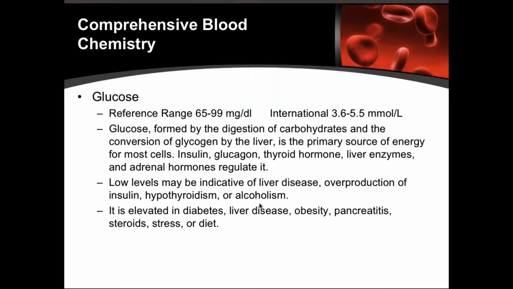Yes, I need to look at your insulin because that's what's going to regulate the reduction of your glucose. Yes, I need to look at your glucagon because more glucagon, more glucose. Who knows? Is there a glucagon producing tumor floating around somewhere? Yes, I need to look at your thyroid hormone because there is a direct relationship between thyroid imbalance and glucose imbalance.